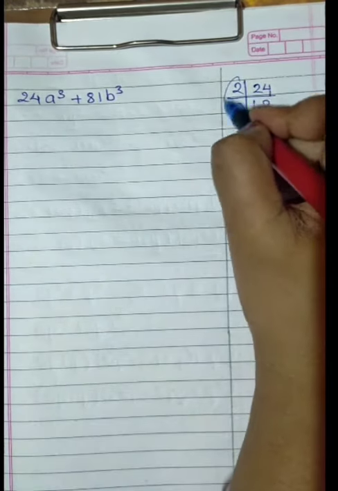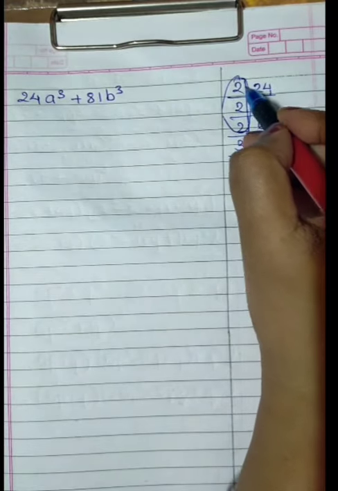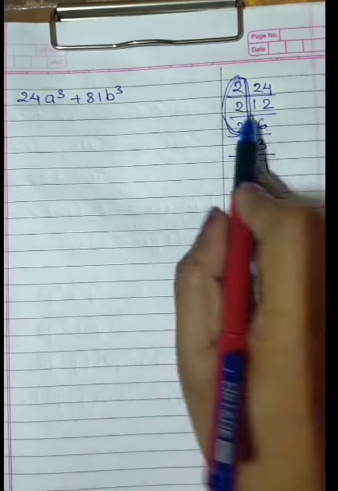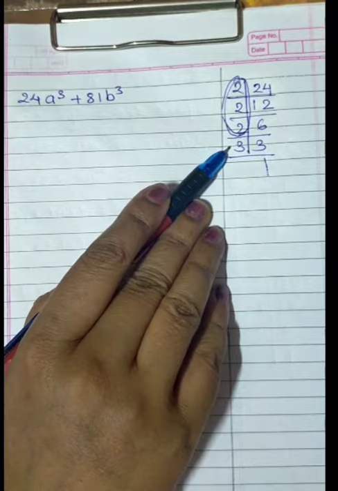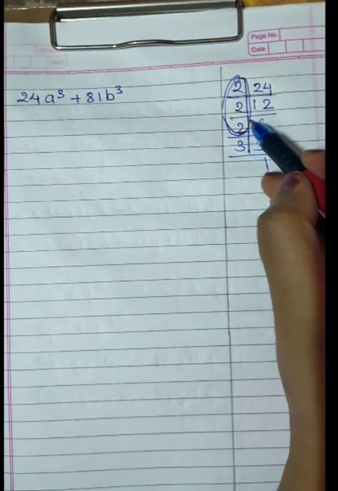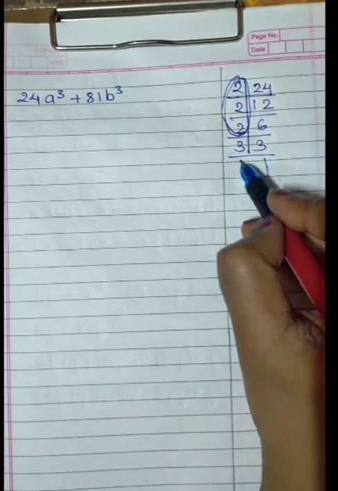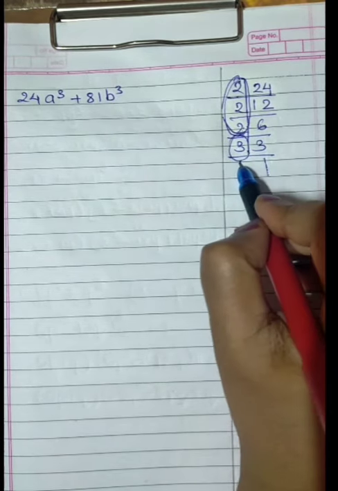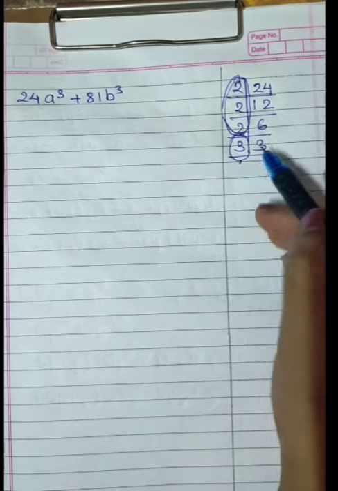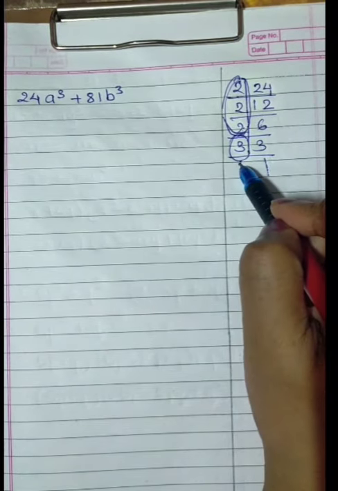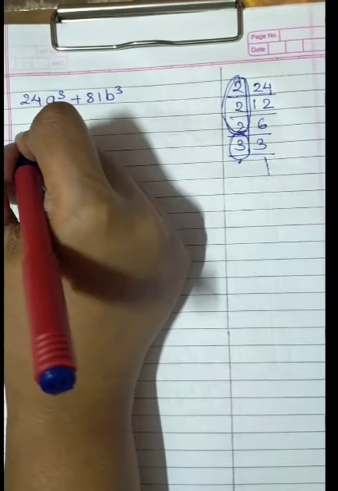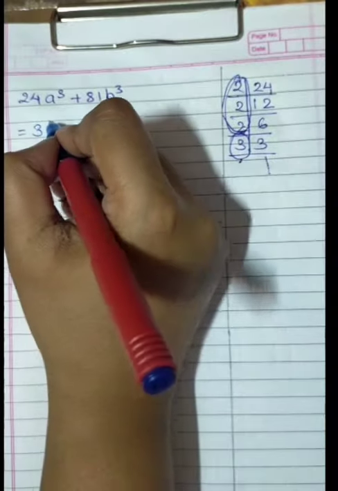As you can see, there is a 3 and 2 means 2 cubes we have seen, and here single 3 is there. So what we have to do, we will take 3 as a common factor here.